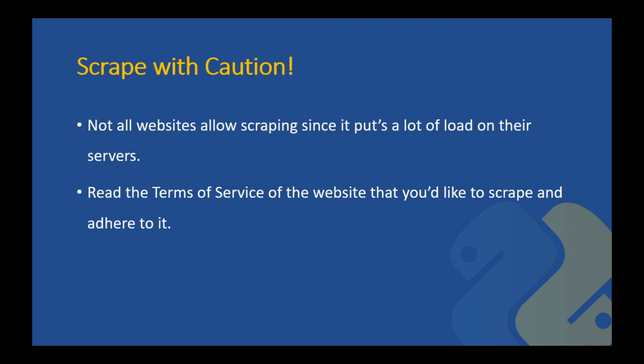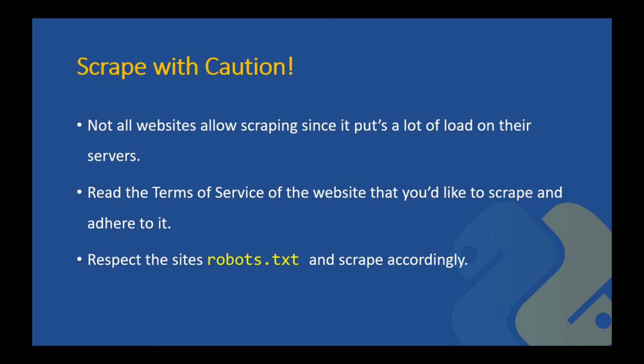And there is also an important thing called the robots.txt file. This is a text file that says if scraping is allowed, and if it is, what parts of the site can be scraped and what parts cannot be scraped. You can access it easily.